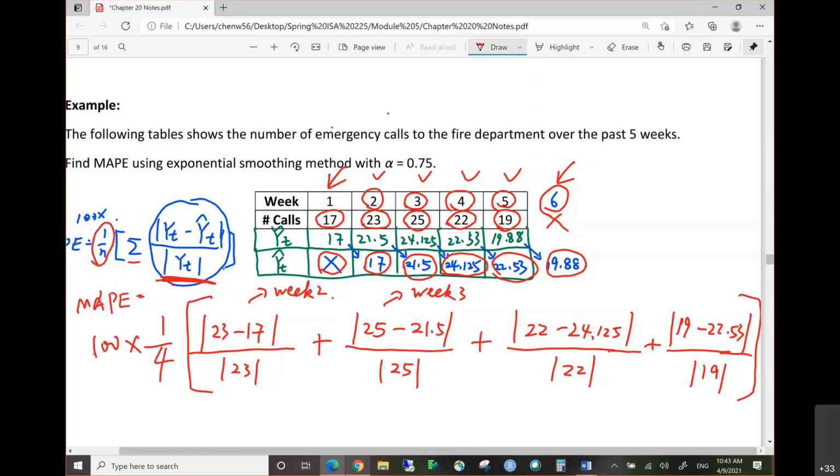Got the idea? After calculation, you have 100 times 1 over 4 times 0.6833, so you have 17.0825. That will be your MAPE.